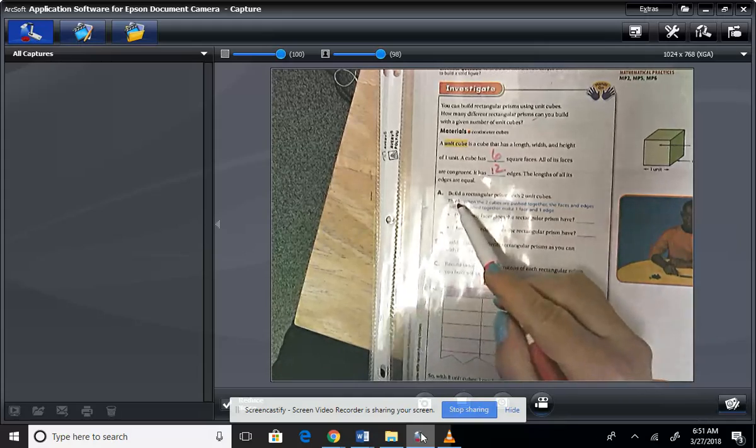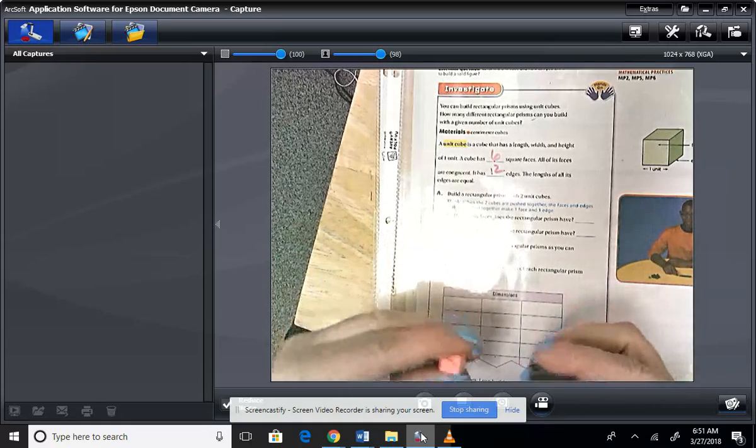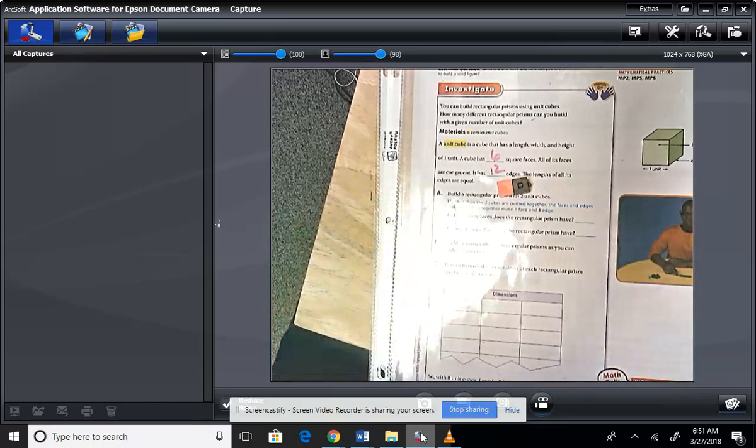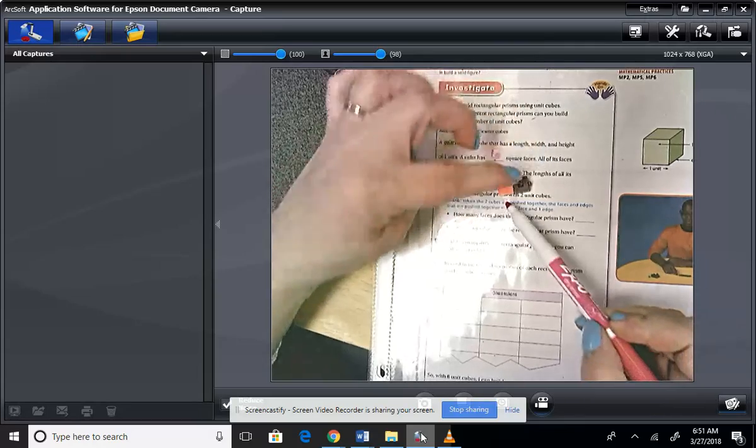To build a rectangular prism with 2 cubes, when you have 2 cubes, you push them together. So I have these 2 cubes here, and I just push them together. Okay, now how many faces does this rectangular prism have? Well, when you put them together, I lose one of those faces.